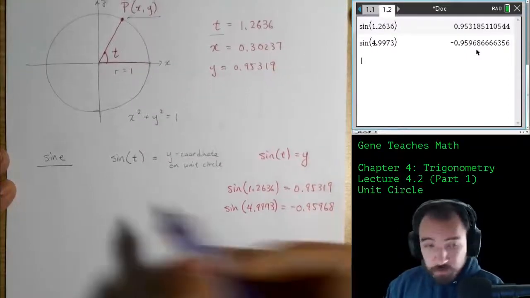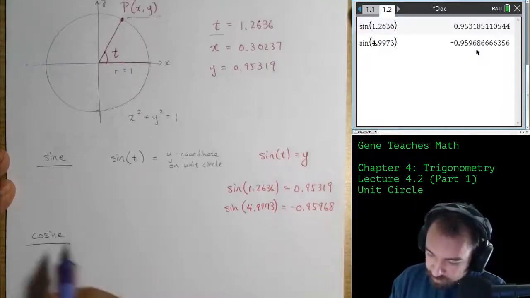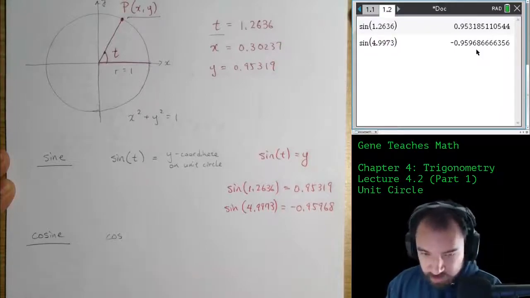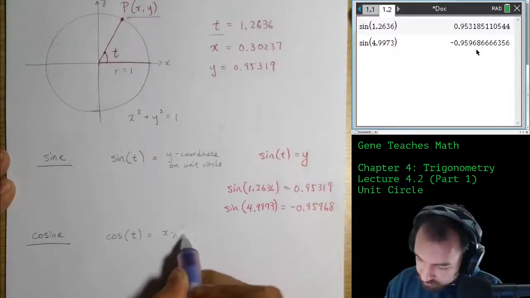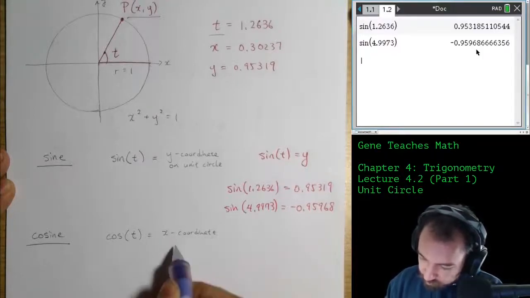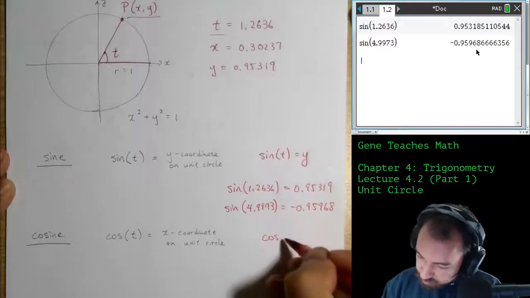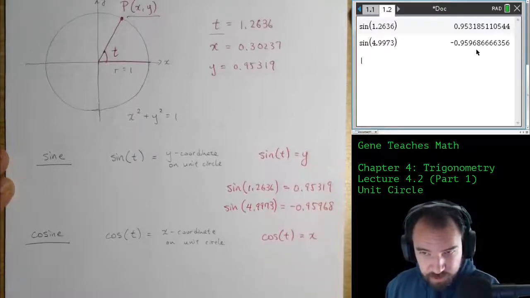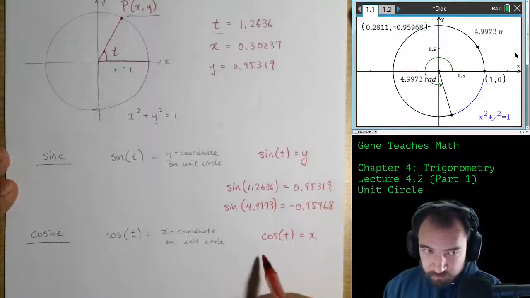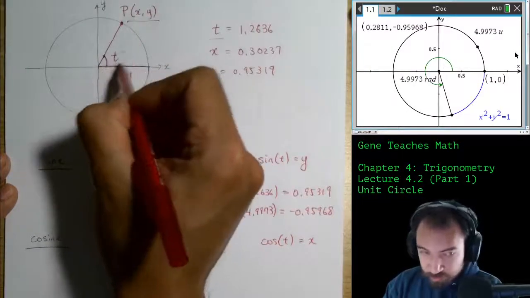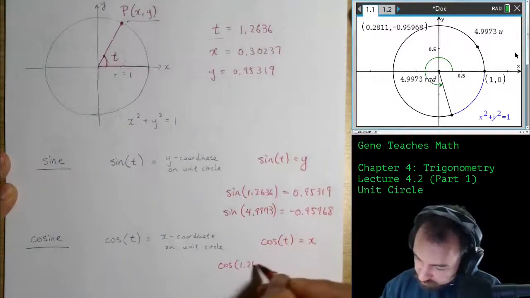Okay, so we have the y-coordinate. Now let's go to the x-coordinate. We're going to call a function cosine, and we're going to write it as cos. Cosine, the input variable, the argument, is t, and this is going to be the x-coordinate on the unit circle. So we could write this as cosine of t equals the x-coordinate, and if we go back to our picture, then we know from what we did earlier that when the angle variable is 1.2636, I could write cosine of 1.2636.